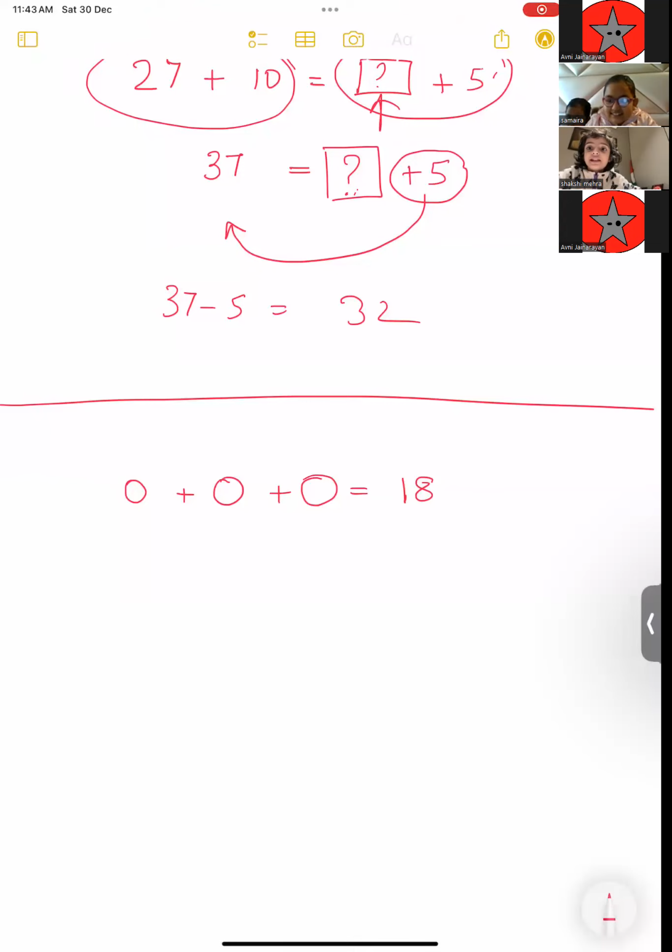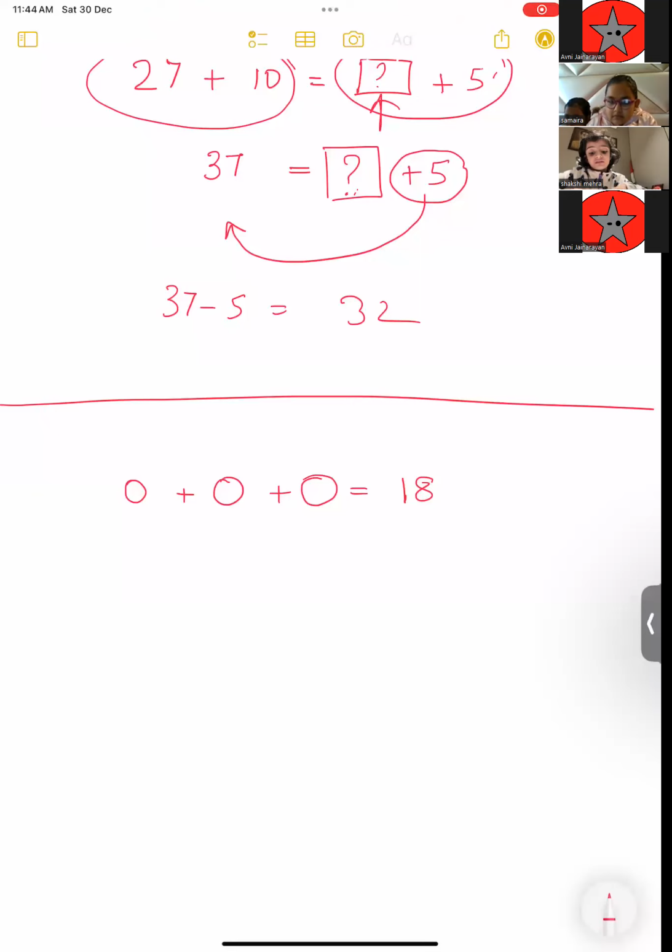Suppose Samaira said 6. How did you get 6? Because 6 times 3 is 18, and 6 times 1 is 6, so I did it by 6.